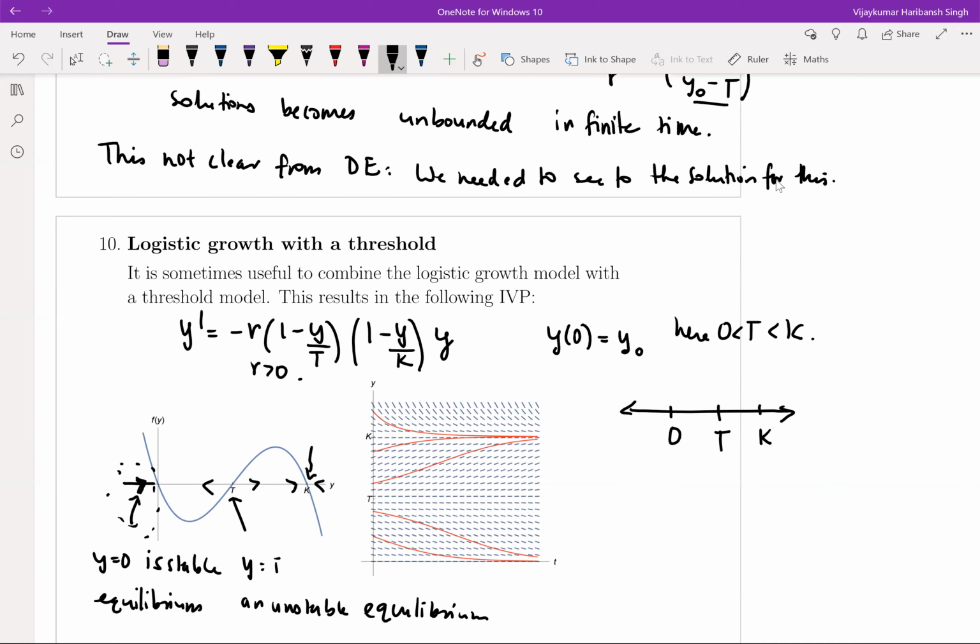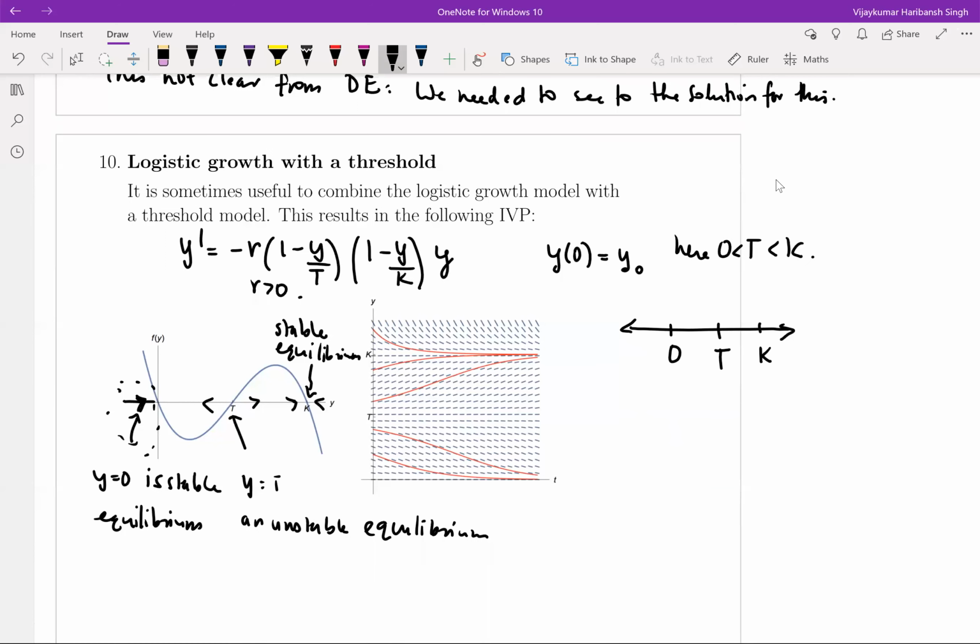At this point, both the solutions are converging to it, so this is a stable equilibrium. This should be reflected in the direction field as well. So y equals k, you see the solutions are converging to it, right?